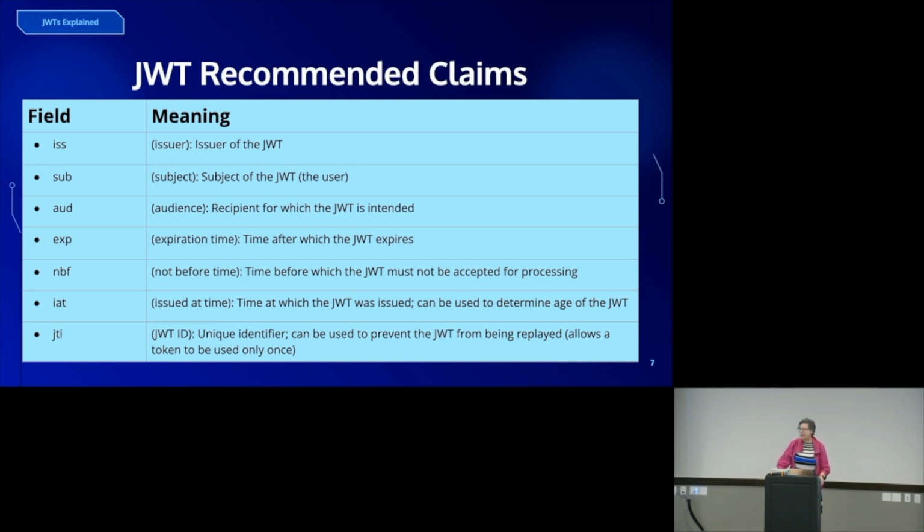But there's a lot of stuff about the token itself. When was it issued? Who issued it? There's the subject of the JWT, which is probably the user, but it could be a company or some other entity. And the audience is really kind of cool because it can say, this is for finance. So anyone who has finance in their tags, they can see this, right?